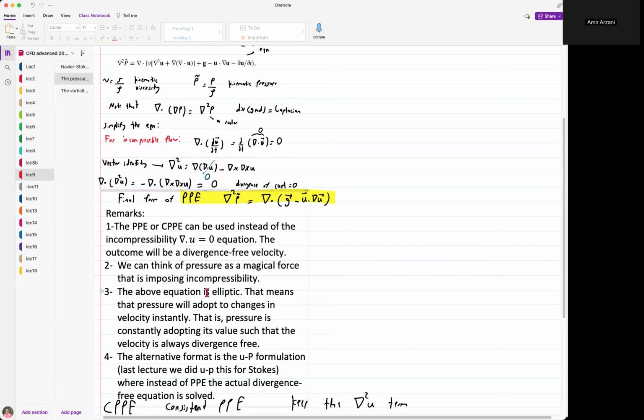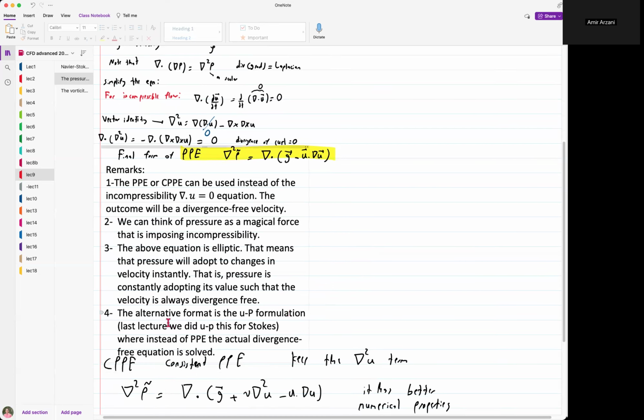That's the property of an elliptic equation, and it makes sense based on our understanding of incompressible flows, where you have infinite wave speeds. You don't have compressibility or pressure waves, right? Information is instantaneously propagated. So the alternative to this is the UP formulation, which we already saw for the Stokes equation. That causes some challenges, and we're going to also talk about that later in the context of Navier-Stokes.